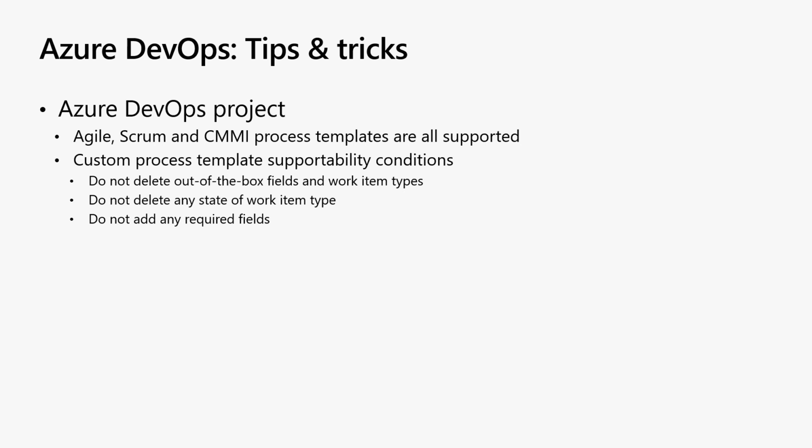Otherwise, you will not be able to synchronize from BPM to DevOps. Do not delete work item type states for the same reason. And one is less obvious: if you have added some required fields on standard work items, we for sure will not be able to fill those fields. But if you respect those, you can use your custom process template.